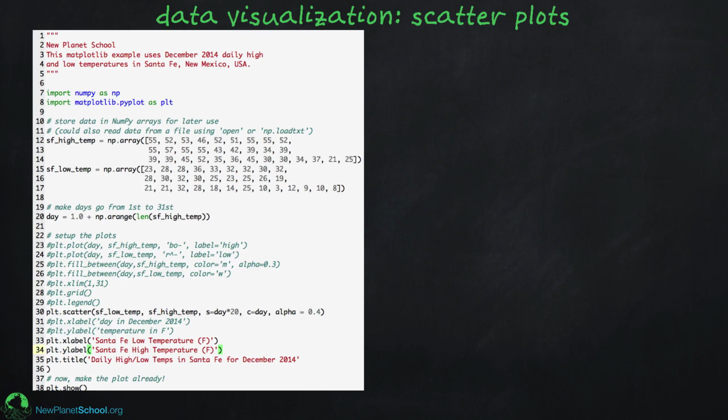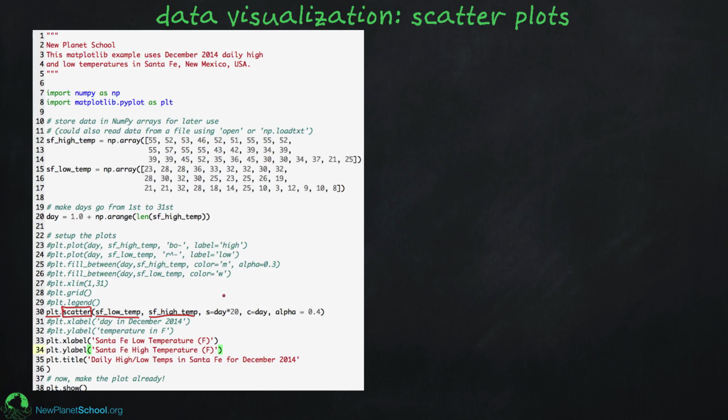What I did is I used a command out of Matplotlib called scatter. And I plotted the high temperature versus the low temperature. Notice it's not the high temperature or low temperature versus the day or versus time. It's high temperature versus low temperature. So if the high temperature is really high and the low temperature is really high, I should see a correlation.